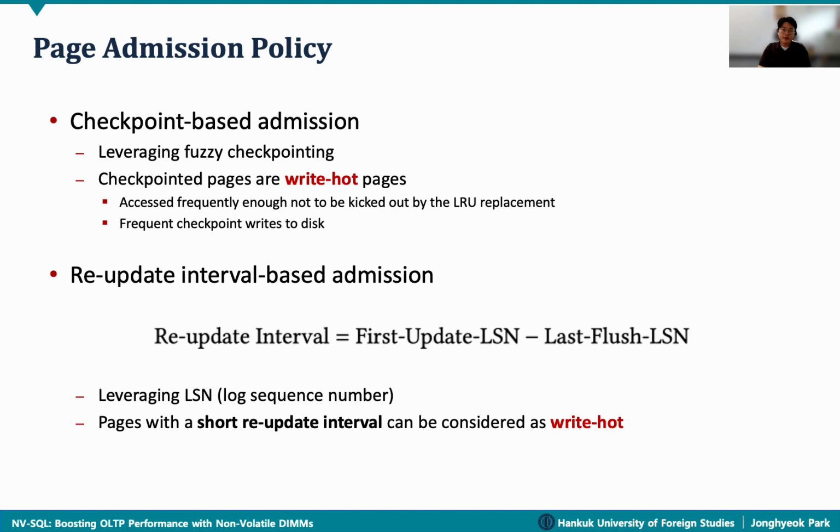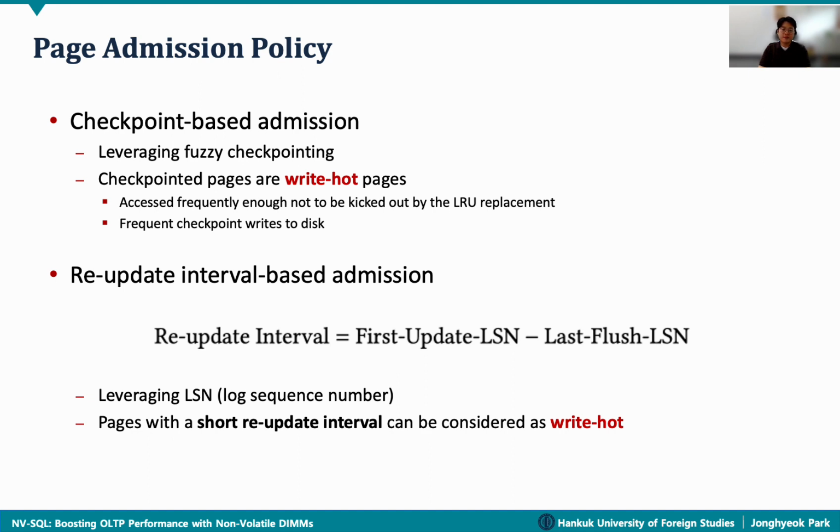Second, we leverage the LSN to estimate write-hot pages. We define the re-update interval as the gap between the first update LSN and the last flush LSN. The first update LSN is the log sequence number when a page is updated for the first time after being fetched into the buffer.